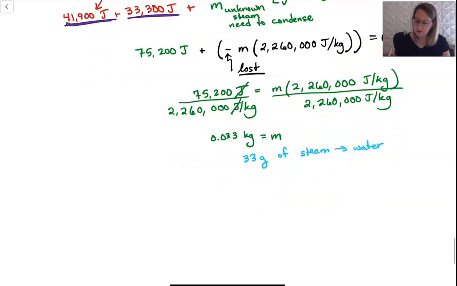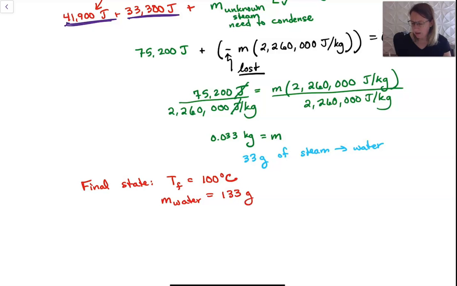So our final state is a final temperature of 100 C. Mass of water at 100 C is 133 grams, and the mass of steam that we have left is going to be 100 grams minus the 33, or 67 grams. And that is our final state.